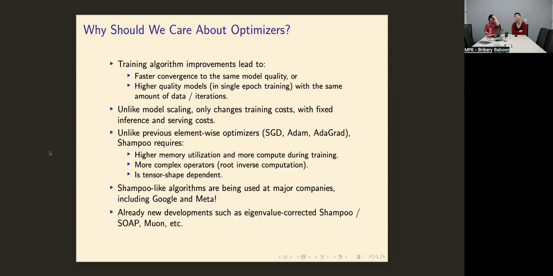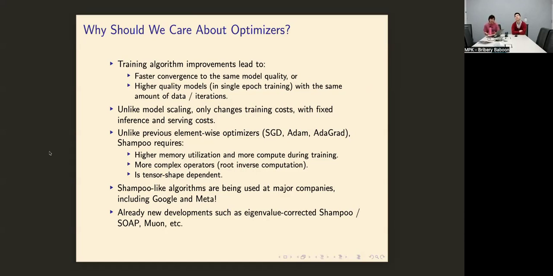Suddenly we're looking at tensor shape dependence, which influences how we design the rest of the systems, even around the optimizer itself. I think you guys have learned a little bit about FSDP. In PyTorch, there were two versions of FSDP floating around. One of them was trying to remove the shape of the tensor, right? Another one was trying to preserve the shape of the tensor.